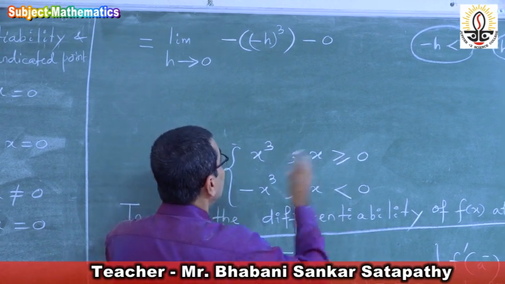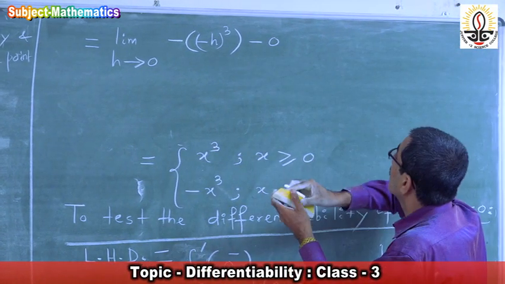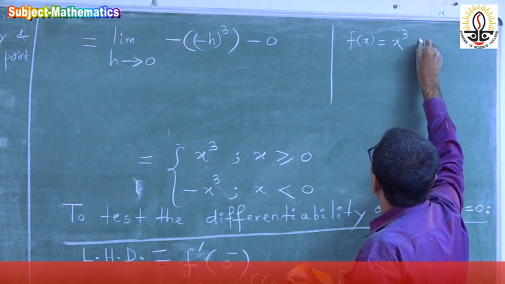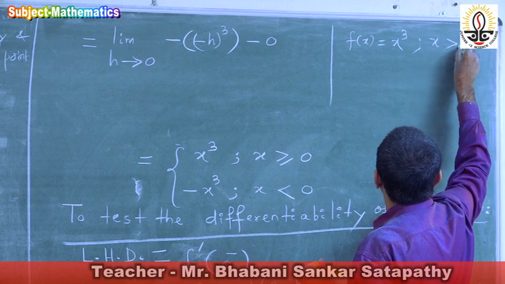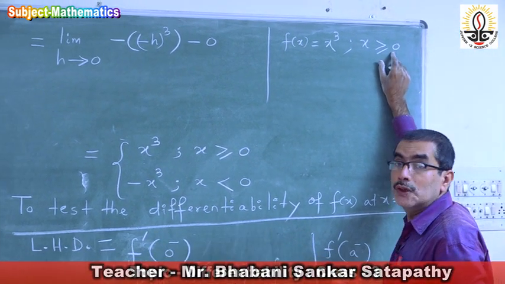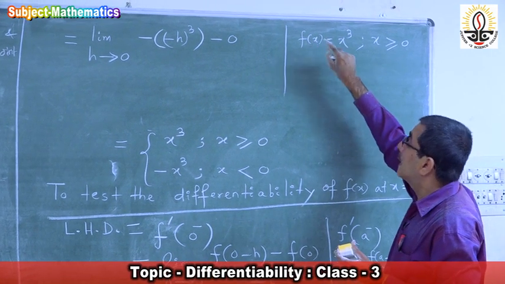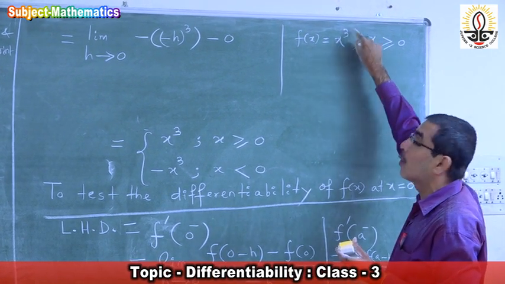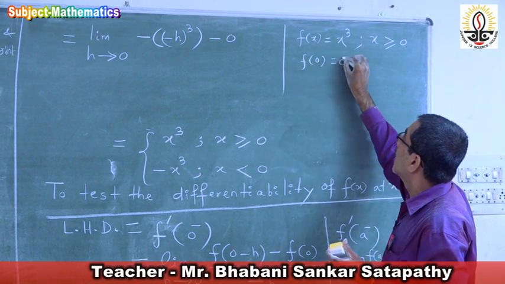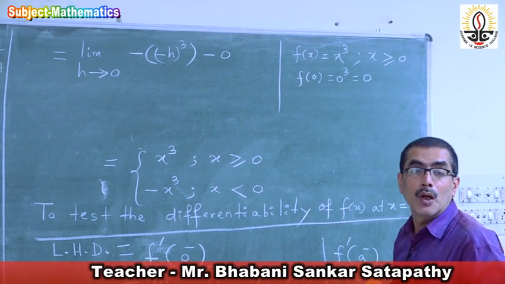Because f of x is equal to x cube when x is greater than or equal to 0, either greater than 0 or equal to 0. If the value of x is equal to 0, it will be 0 cube. So therefore f of 0 will be equal to 0 cube, that is equal to 0.